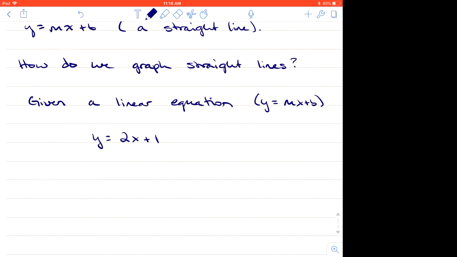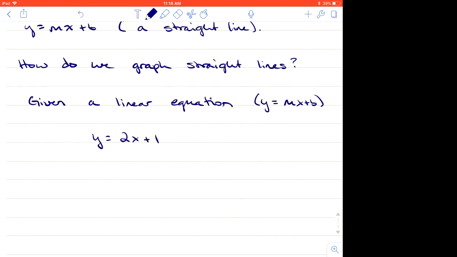So any straight line, you only need to know 2 points on that line. You plot those 2 points, and then you take a straight edge. There's lots around. You connect those two, extend the line, and it goes on forever and ever. So to draw a straight line, you really only need 2 points.